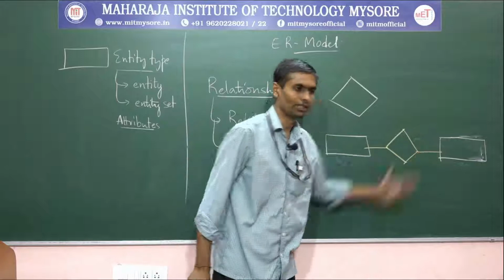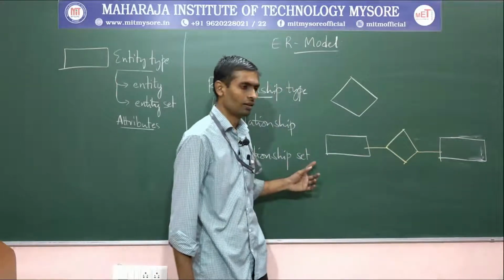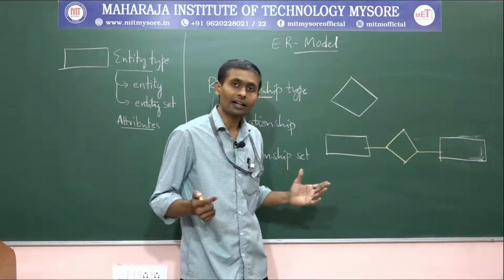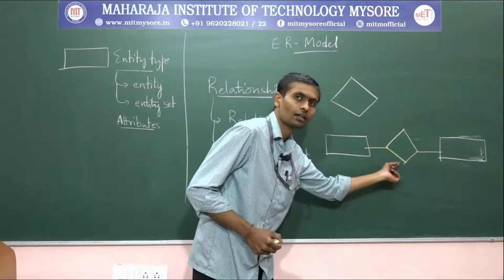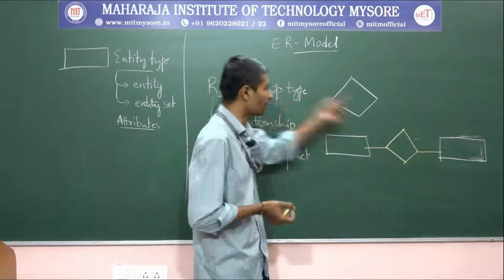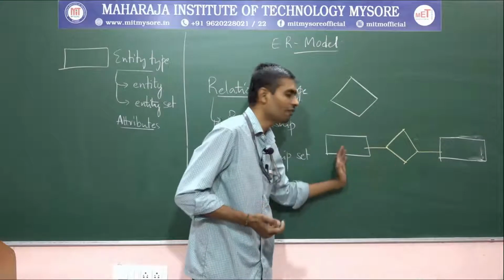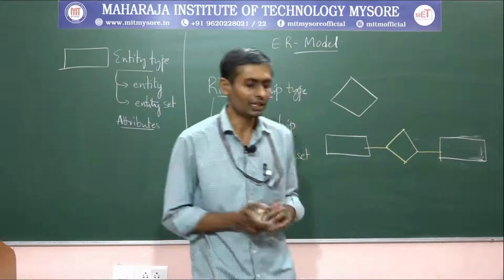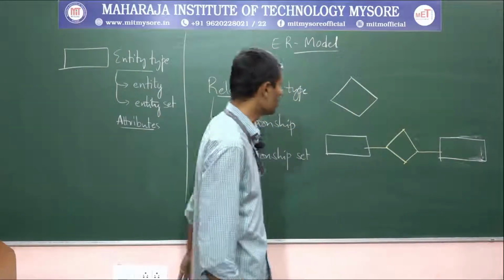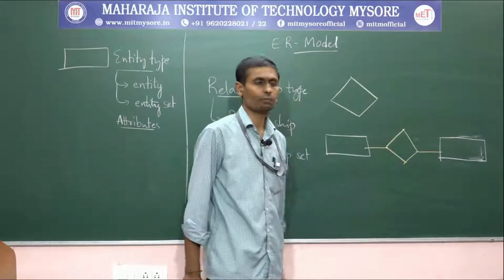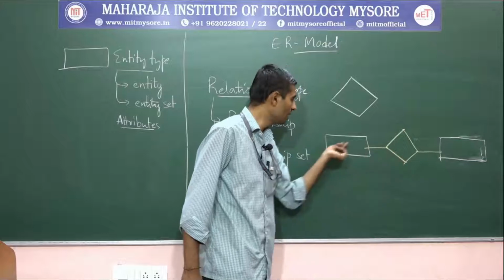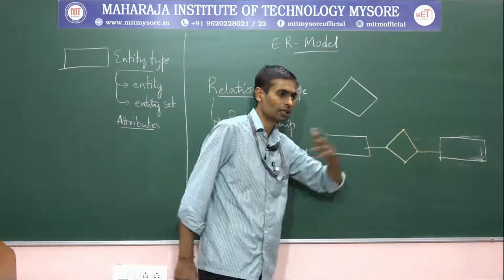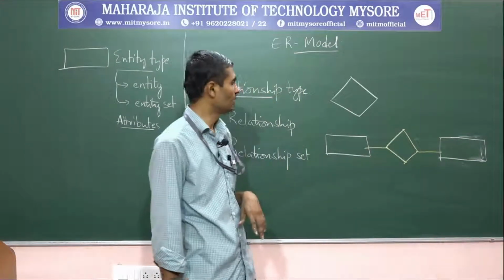This is the basic notation, showing where the relationship plays a role in an ER diagram and where the entity types are present. This gives us a simple idea. Within the diamond-shaped symbol we write a relationship type name, and in the boxes we write entity type names, which we saw in the previous session.